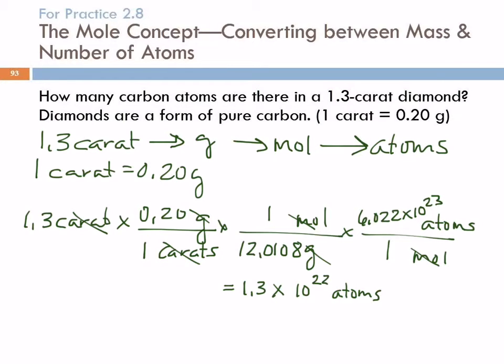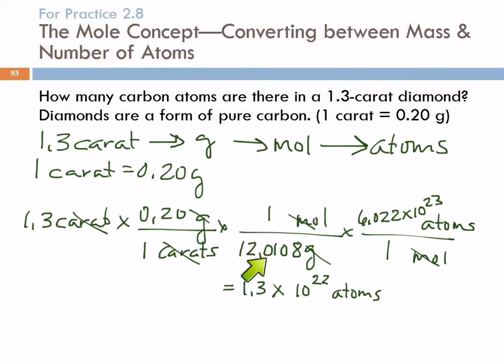Does it matter how many significant figures we put for the weights of elements? That's a good question. Does it matter how many significant figures I put in here? It does and it doesn't. In this calculation, I have this number with 2 sig figs and this number with 2 significant figures.